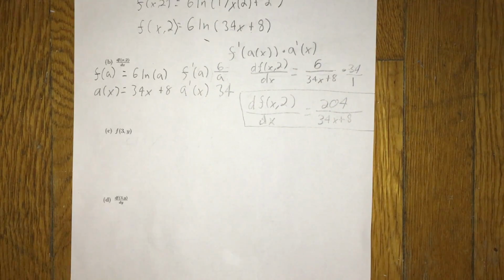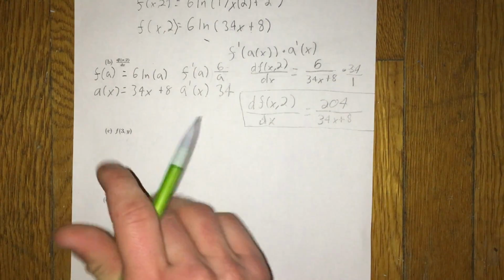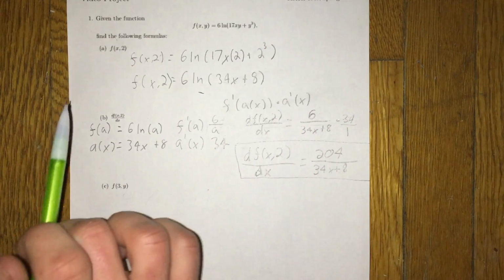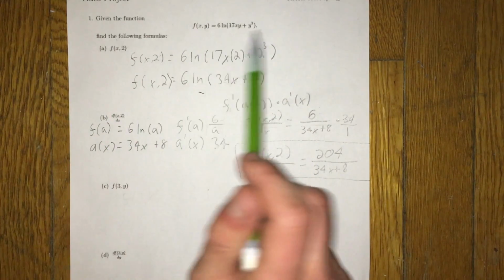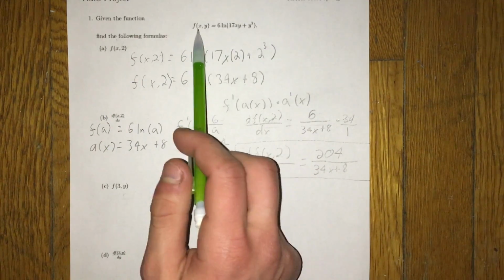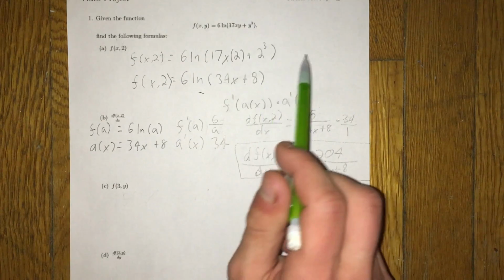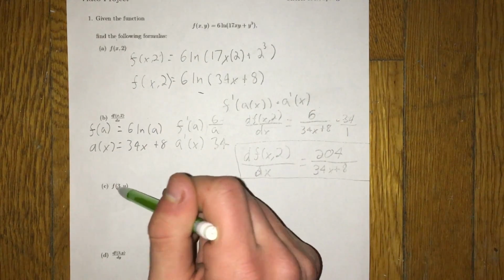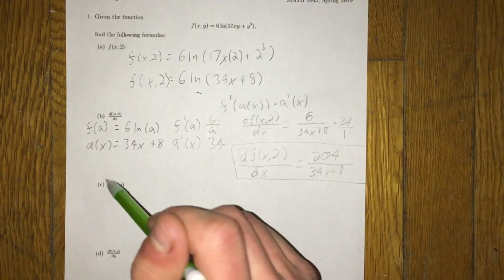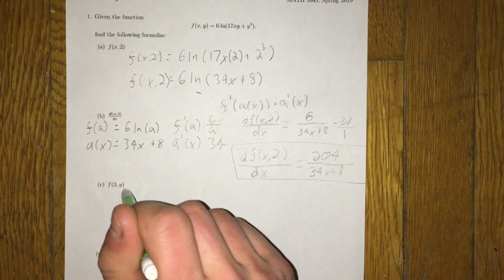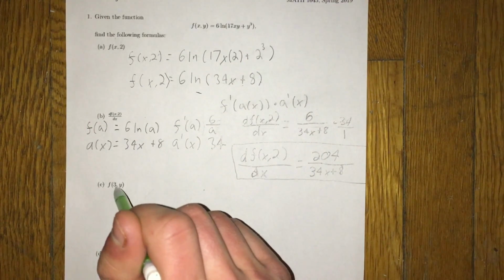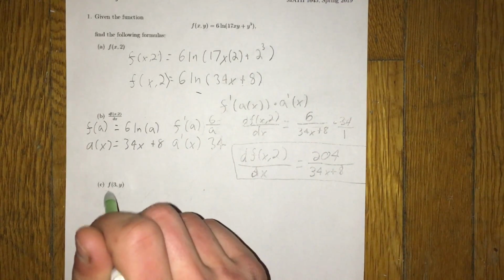For the next equation, f of 3, y, we are going to do the same thing that we did in A, but instead of replacing the y in the given function, we are going to replace x, because instead of having f of x, y, instead of x there's 3, which means x equals 3.